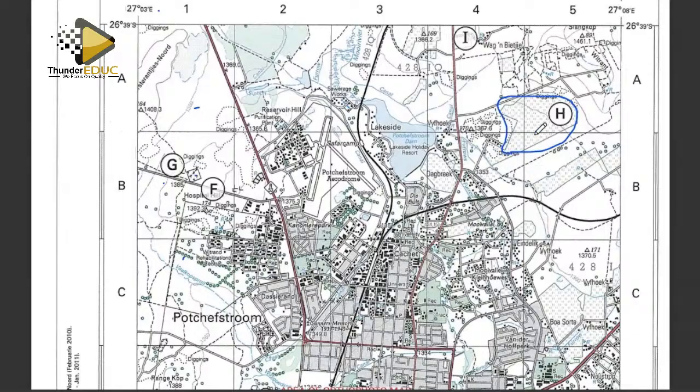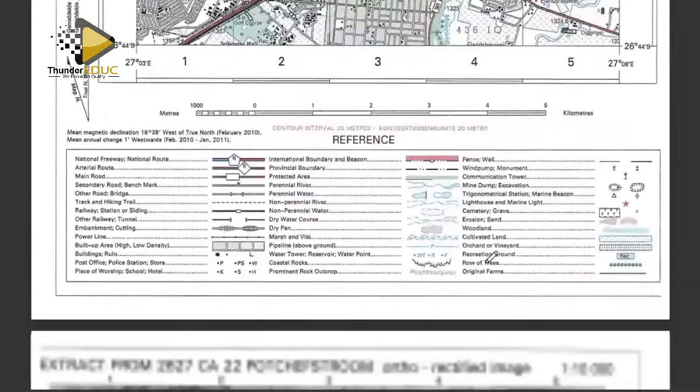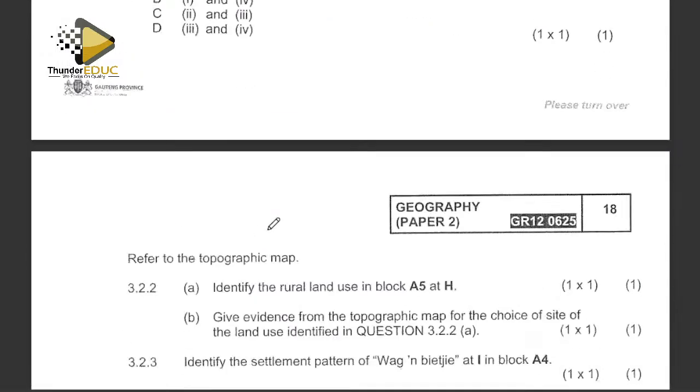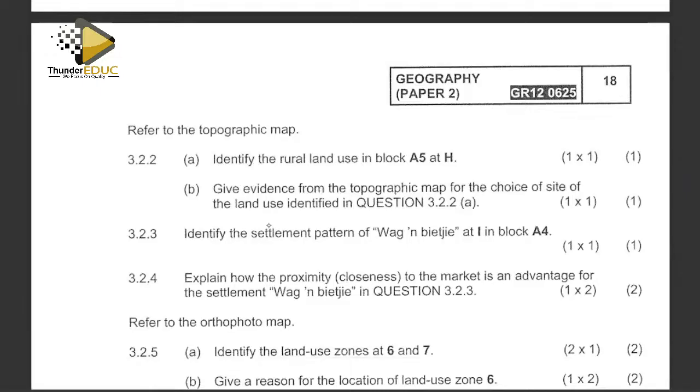We go to our key and check. It's the same thing that we are seeing here. So, without wasting our time, the rural land use is cultivation. There is cultivated land there. Rather, we can say it's farming.